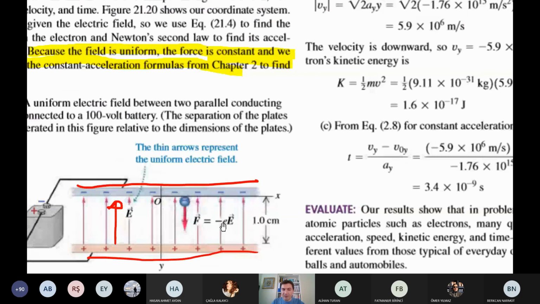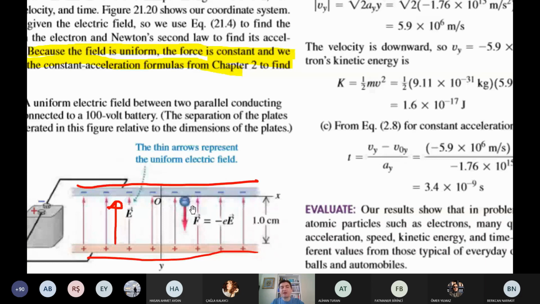We have done it during the last lecture. It has negative charge, minus e. Then what about the direction of the force? The direction of the force is opposite to the electric field because here we have a negative charge. This is the direction of the electric field, and this is the direction of the force acting on the electron.